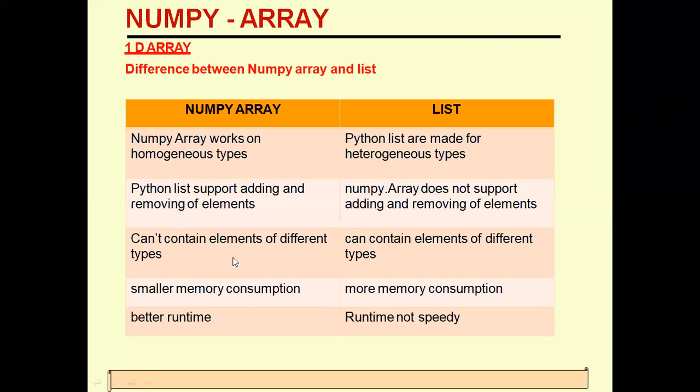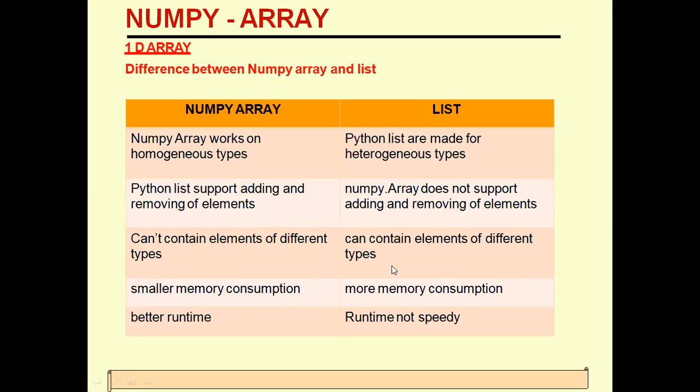And numpy contains the same data type as elements. So numpy has smaller memory consumption. It consumes small memory, and a list has more memory consumption.